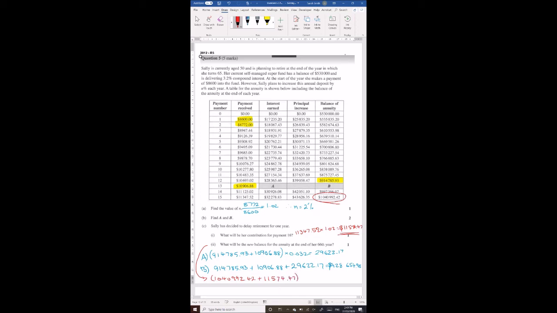We're going to multiply all of that by 1.032 because it's increasing by 3.2% per year. So her balance at the end will be $1,086,249.03.